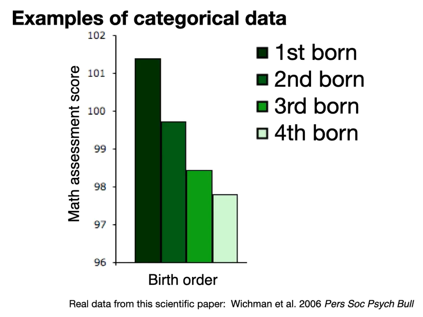Okay, here's an example of categorical data, real categorical data from this scientific paper on people's scores on a math test and where they were born in relation to their siblings. So if you have siblings, you might be the firstborn, the oldest in your family, the oldest child.